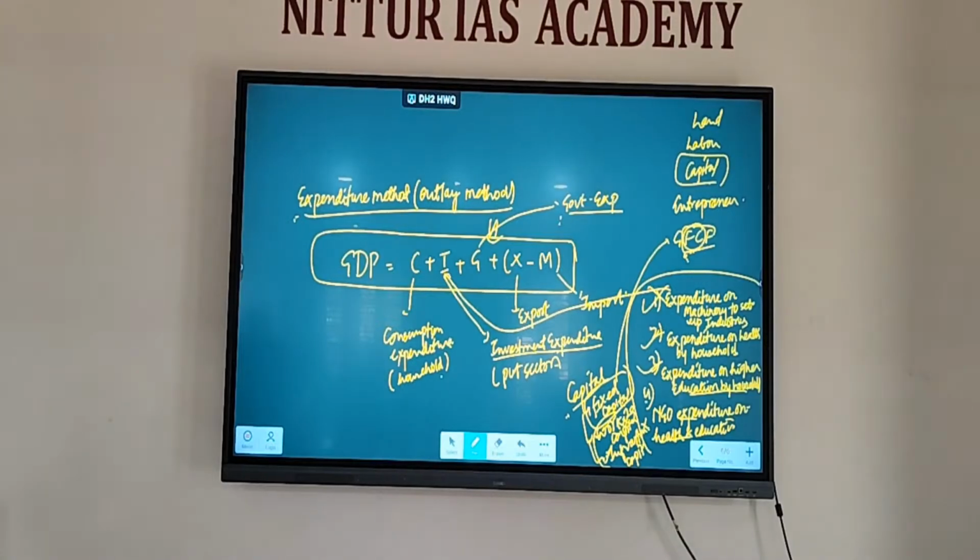And changes in stocks. In bracket you add unsold goods, raw materials. Bracket close. And net acquisition of valuables.